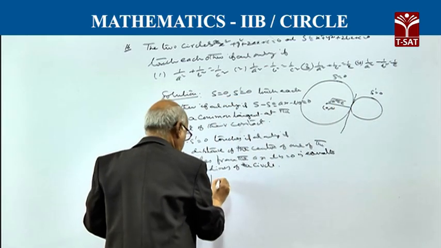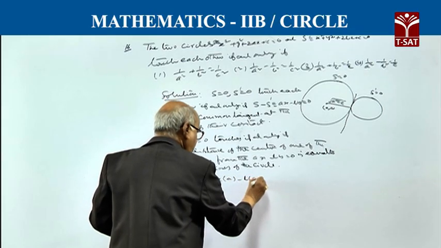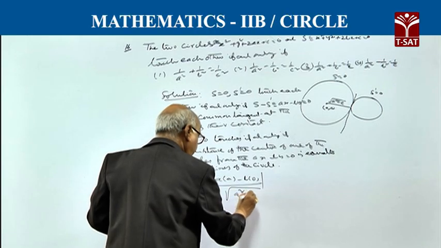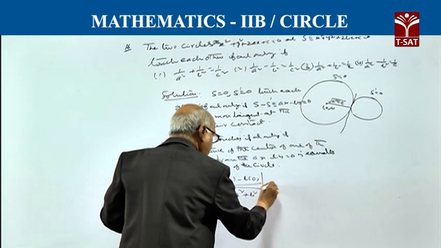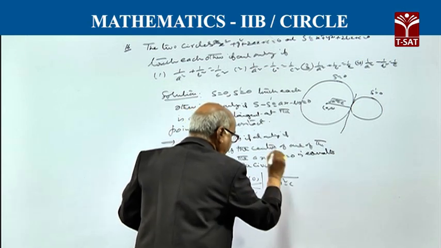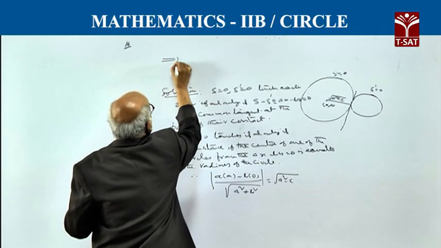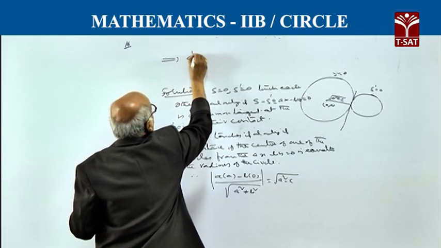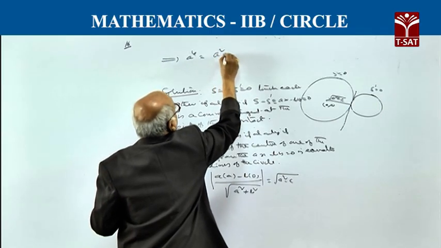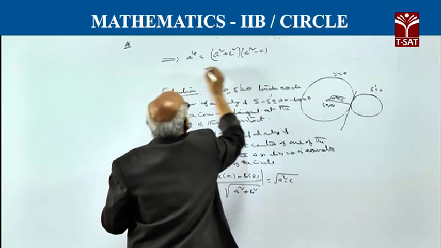So therefore, a into a minus b into 0 by square root of a square plus b square is equal to root over a square minus c, the radius. That implies a to the power of 4 is equal to a square plus b square into a square minus c.